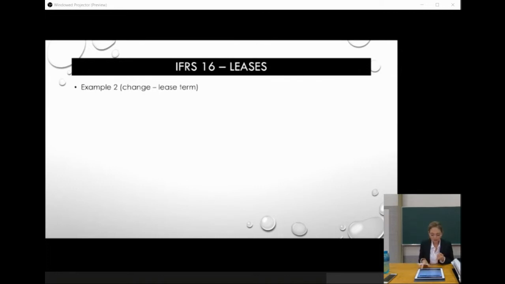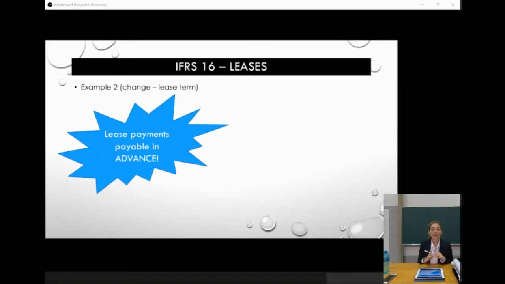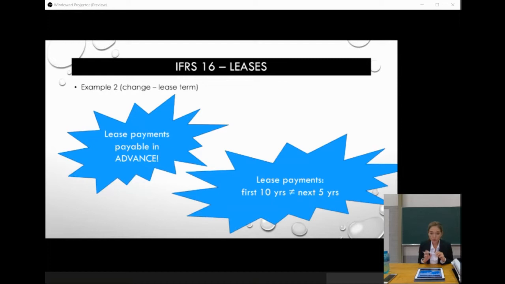Example 2 has to do with a change in the lease term. What makes this example a little bit tricky is that our lease payments are payable in advance, first of all. And also that the lease payments for the first 10 years, my initial lease term, are not the same as for my extended lease term.